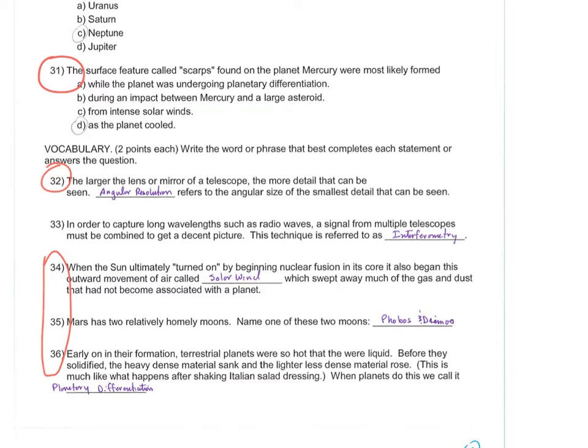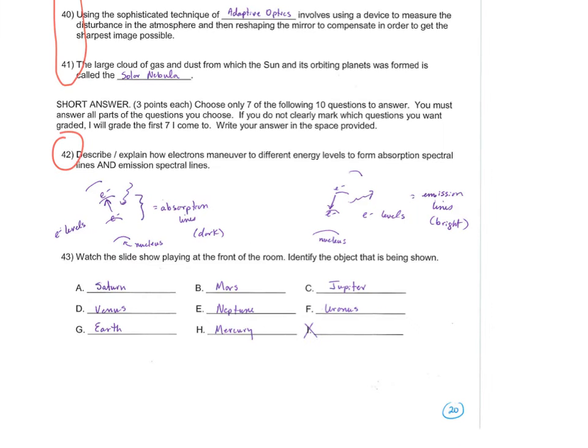And then we go to vocabulary. And again, I have not very many vocabulary knockouts. So 33 will not. 32 might, 34 might, 35 might, 36 might. And then continued on the next page, I've got 37, 38, 39, and 40 might. And then on to short answer, I picked 4 again.